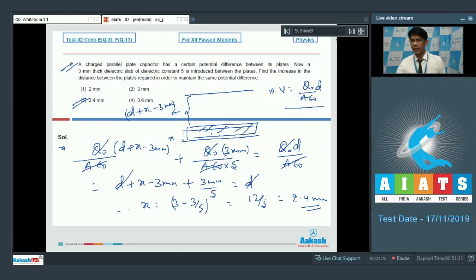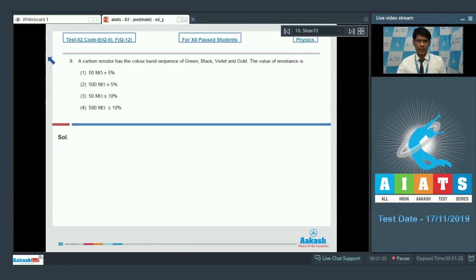Now let's proceed to question number 9. A carbon resistor has the color band sequence of green, black, violet and gold. The value of resistance is? You must be remembering the color coding of the resistances. It happens to be black, brown, red, orange, yellow, green, blue, violet and so on.